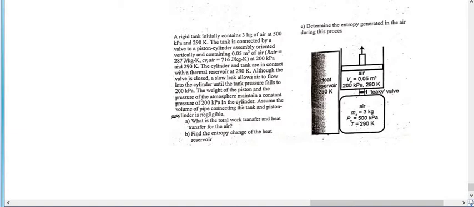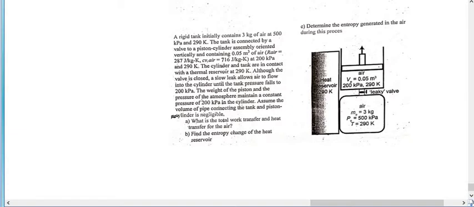A rigid tank initially contains 3 kilograms of air at 500 kilopascals and 290 Kelvin. The tank is connected by a valve to a piston cylinder assembly oriented vertically and containing 0.05 meter cube of air.